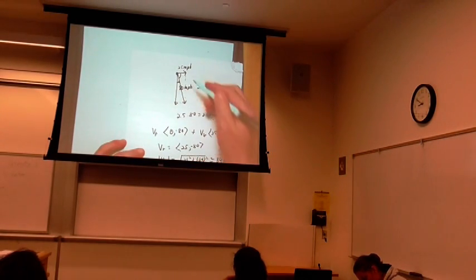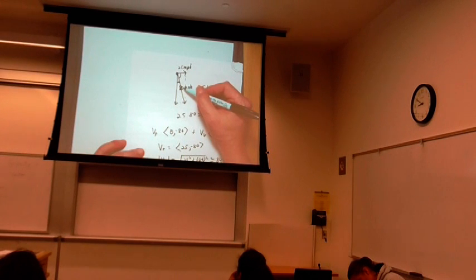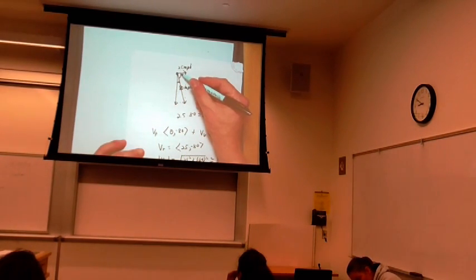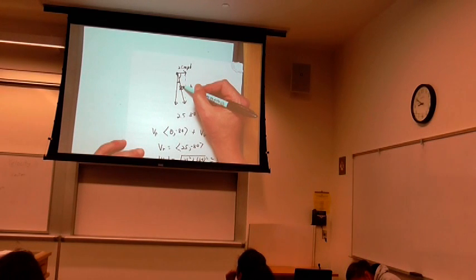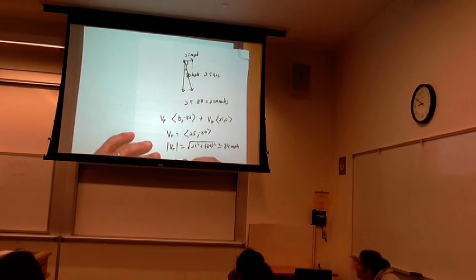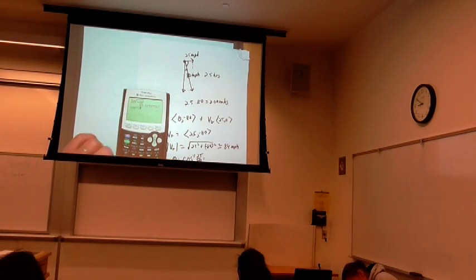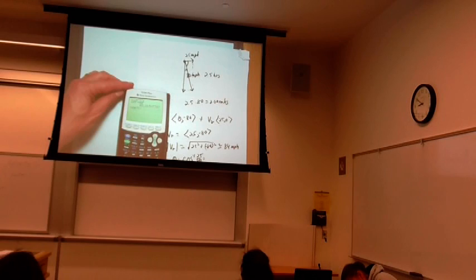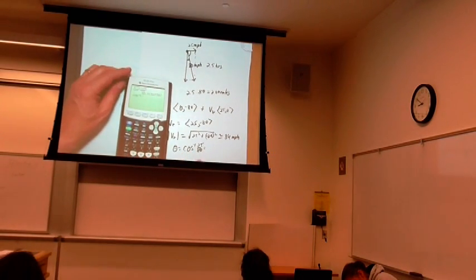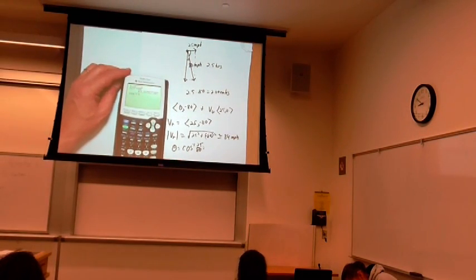The cosine of this angle here is going to be 25 over 80, so theta is inverse cosine of 25 divided by 80.